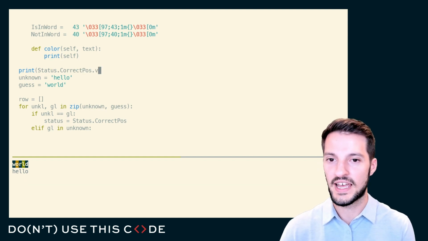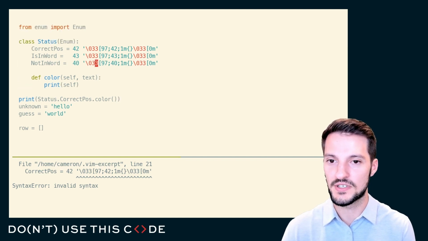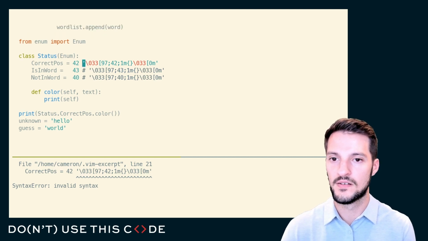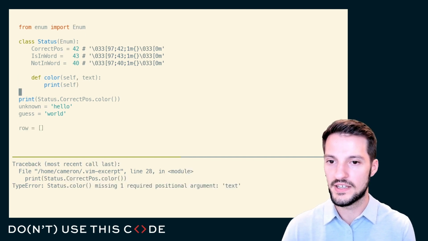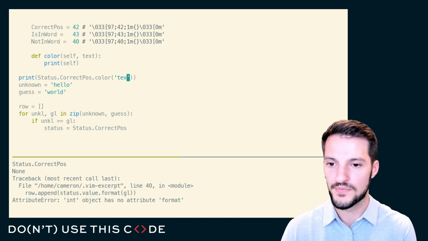This color method is actually attached to every single member of my enum. I need to get rid of, or comment these out. Okay. And then it takes some text. I'll just give it a dummy argument. Okay.